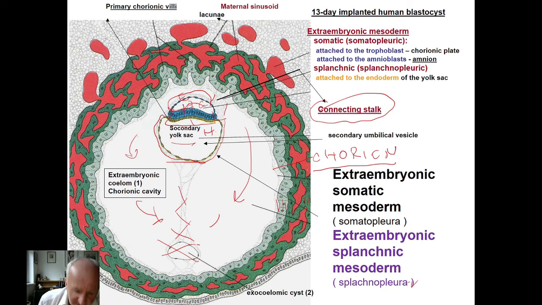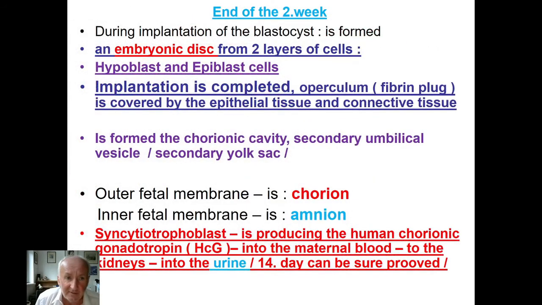This mesoderm attached to the amnioblasts, and here everywhere, is the extraembryonic somatopleura, the extraembryonic somatic mesoderm. And we are at the end of the second week, my dear friends. So, this is the most important thing to say: at the end of the second week, the embryonic disc has two layers, hypoblast and epiblast cells.